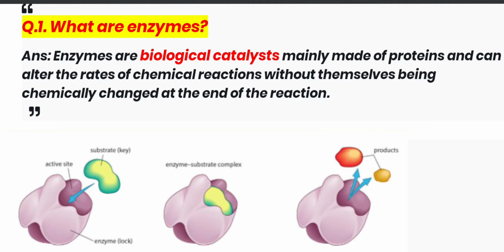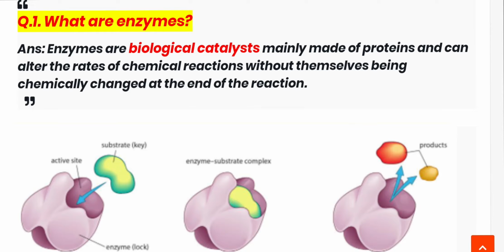What are enzymes? Enzymes are biological molecules, protein molecules, which can be defined as biological catalysts. They alter the rate of chemical reactions without themselves being chemically changed at the end of the reaction.